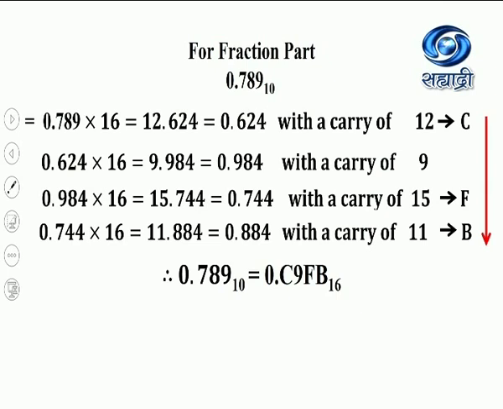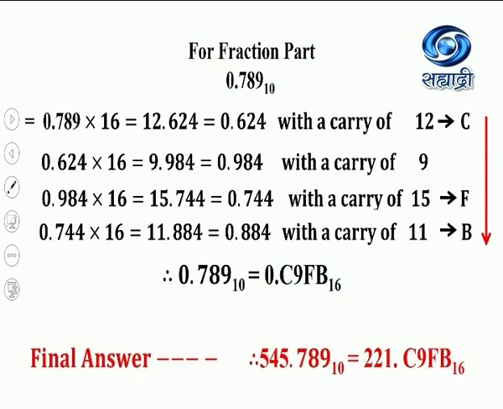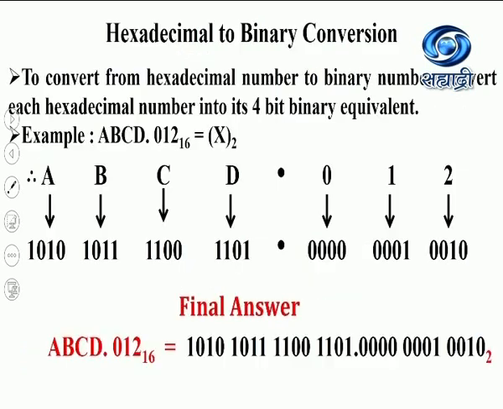So the fractional part 0.789 has the equivalent hexadecimal number 0.C9FB. So the final answer, by combining the integer part and fractional part, is 545.789 equals 221.C9FB.